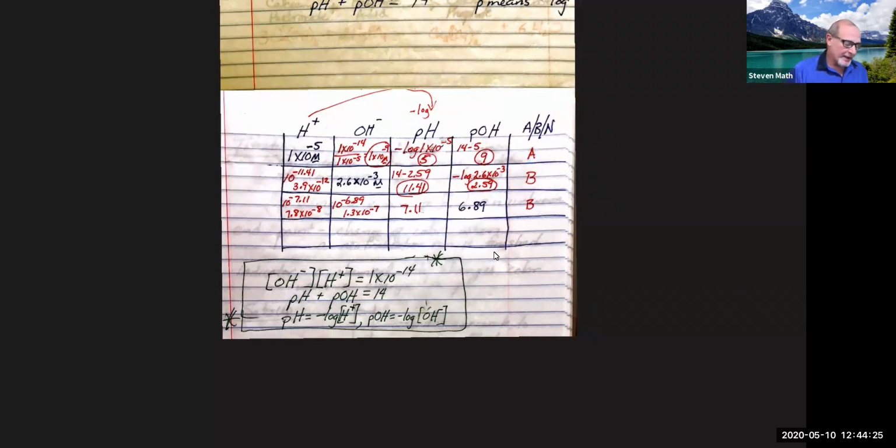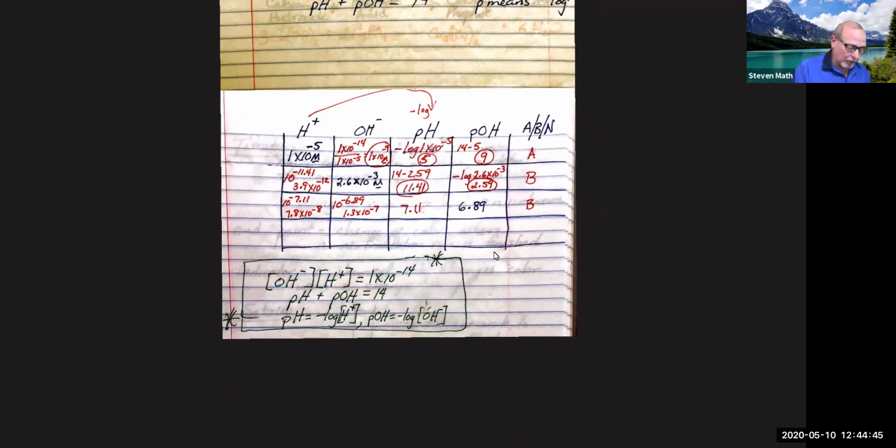Now, the last one I've got left to do in this one is the OH. And I could do this two ways. I can take this first row, 1 times 10 to the negative 14th equals 1 times 10 to the negative 5th times X.